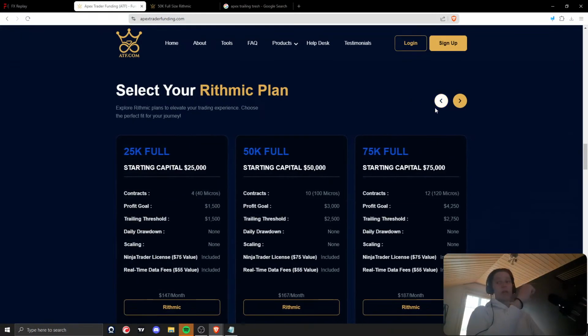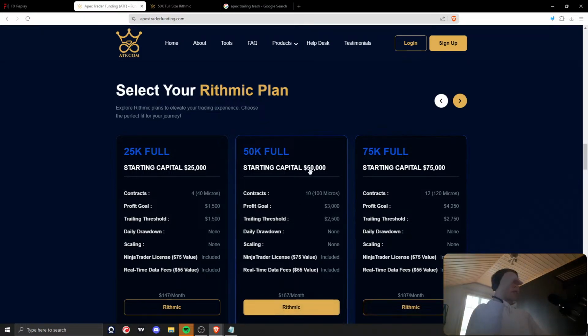So if you are taking a 50k account and your balance is 51,000, let's say, then you're only allowed to go down to 48.5k, if you know what I'm saying.